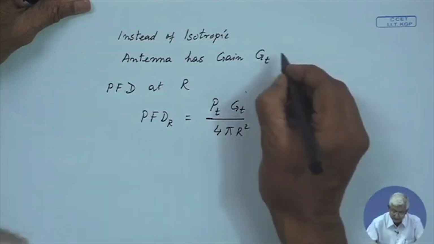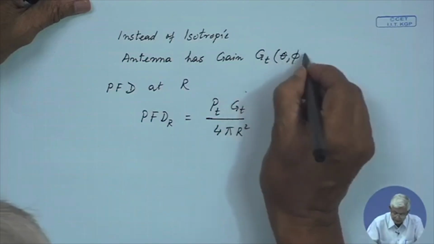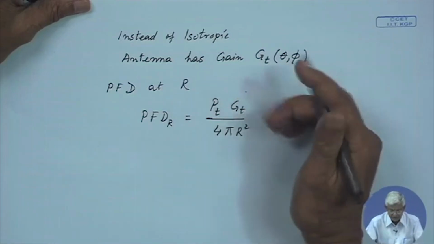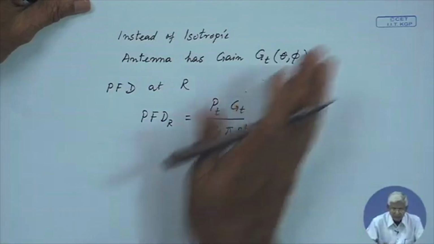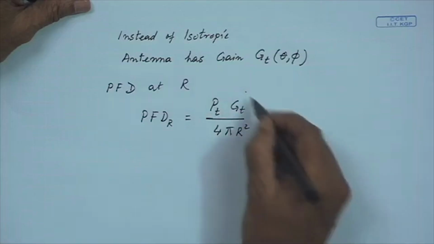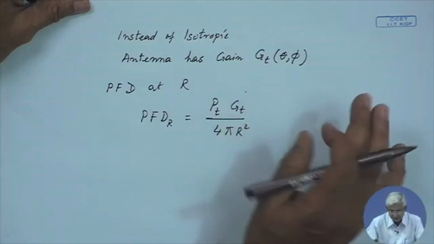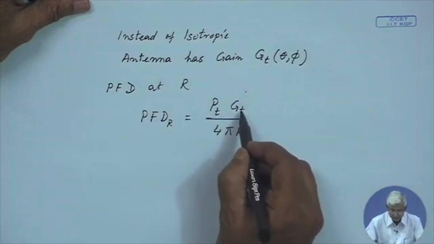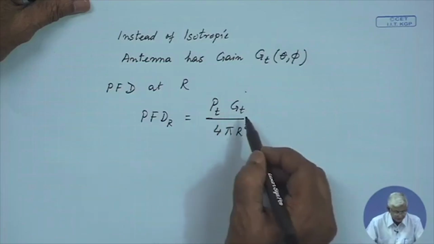Now, this GT we have earlier said is normally in the theta phi direction, but in general people take GT as the maximum, that is in the bore side. This is a standard general formula, and for GT in the theta phi direction, you can find out how much power is reaching there by putting that GT value multiplied by PT by 4 pi R square.